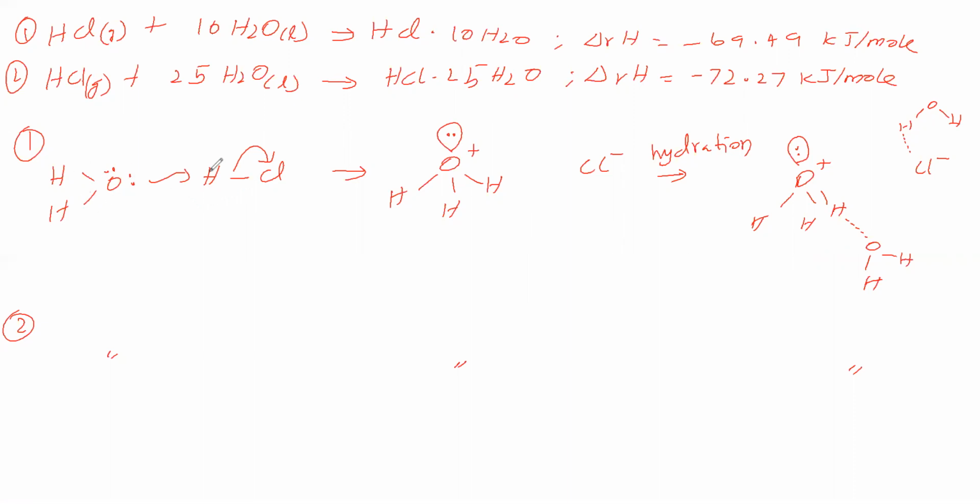Therefore this water takes H+ and becomes the hydronium ion, and Cl- leaves. In the second case also the same. Then the hydronium ion goes for hydration with water molecules, first the primary shell, then the secondary shell. Cl- also goes for hydration, and in the second case also the same.